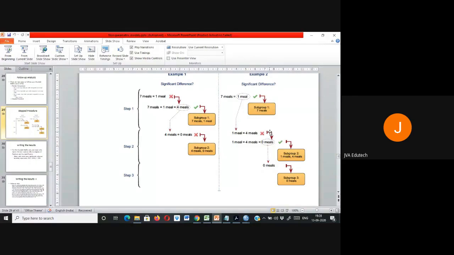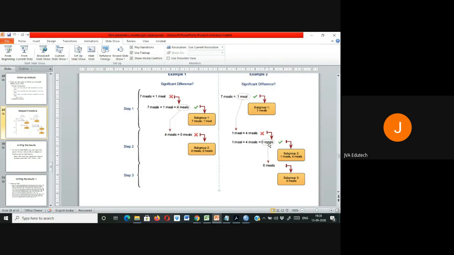In step 2, again you compare one meal with 4 meals, and you can see this makes the group significantly. We compare the one meal to 4 meals, and they are not significantly different. So we add to this group the 0 meals or the no meals, the third group.